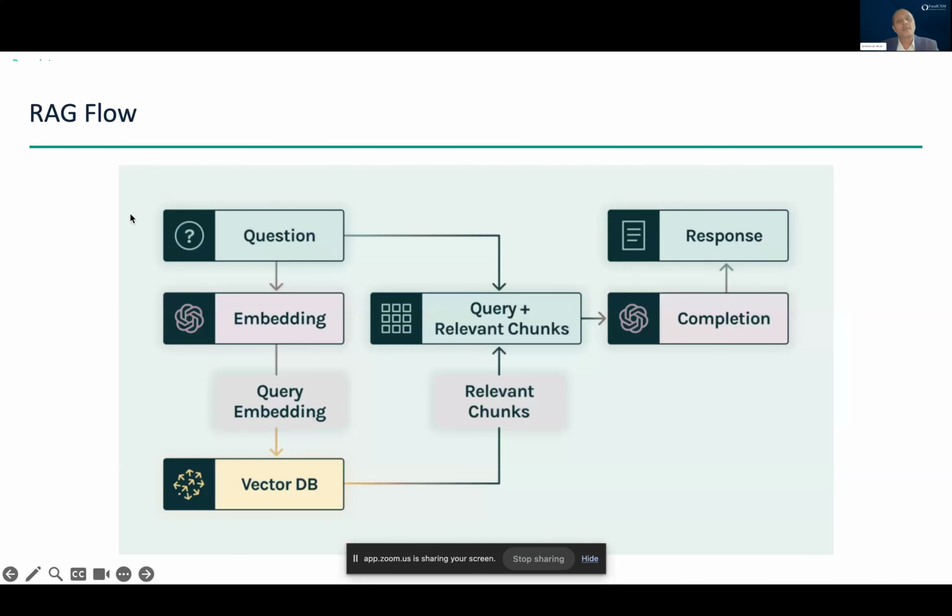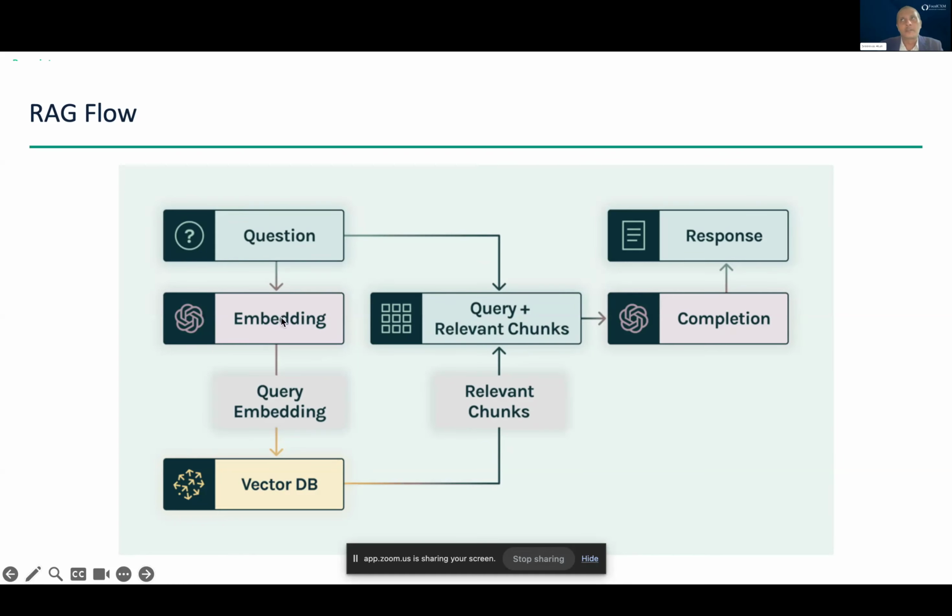For an easier understanding, we have put together this flow. In a typical RAG architecture, imagine a web application or a chatbot, and the user is asking a question. Whenever a question is asked, an algorithm converts that question into an embedding.